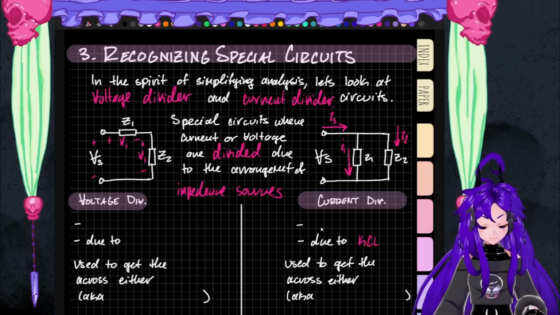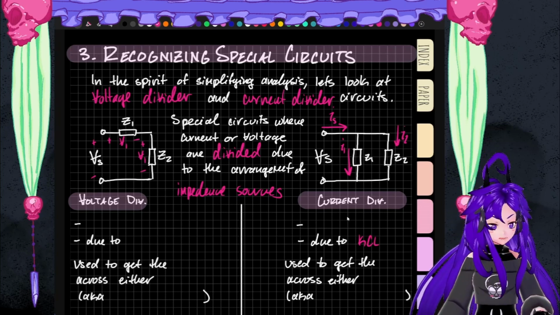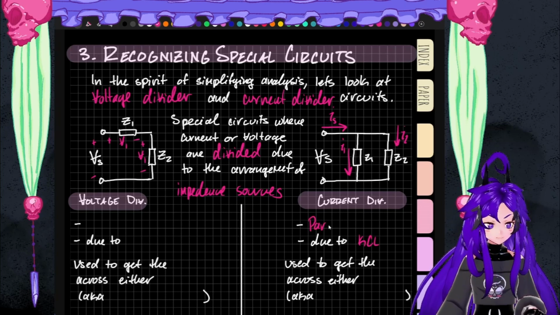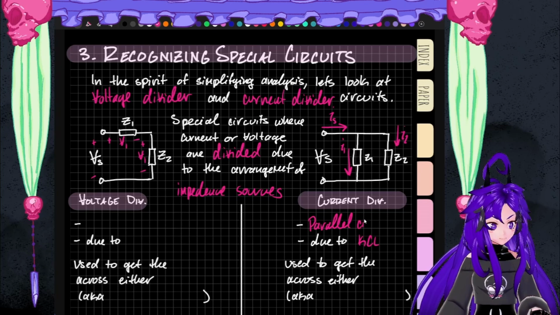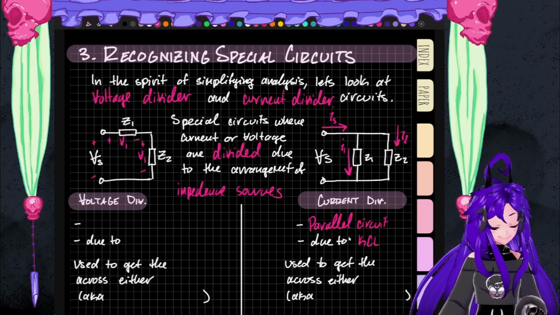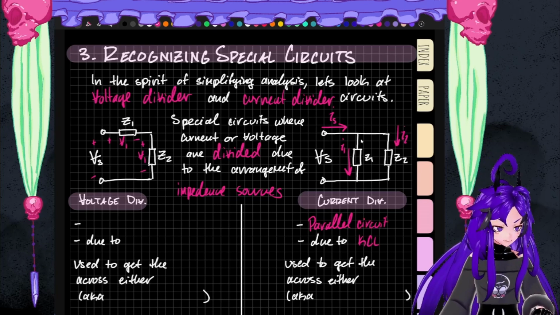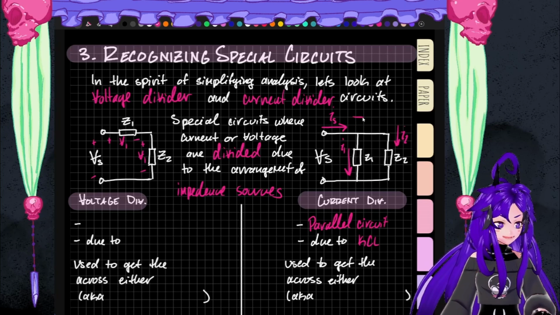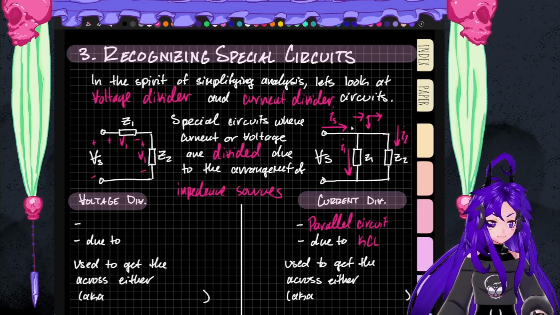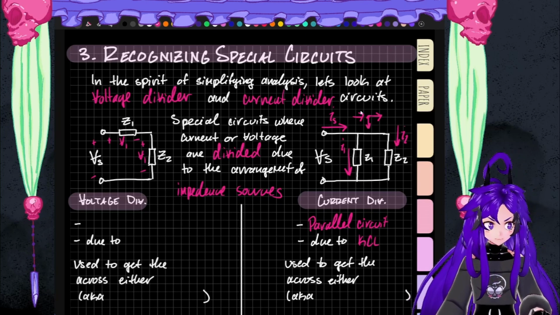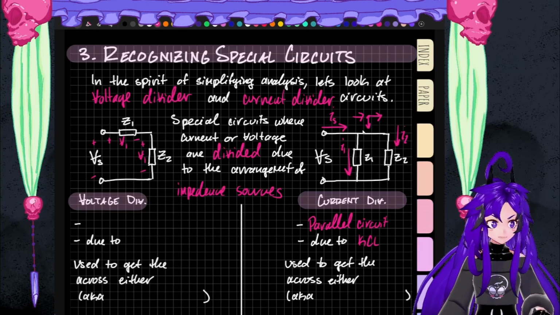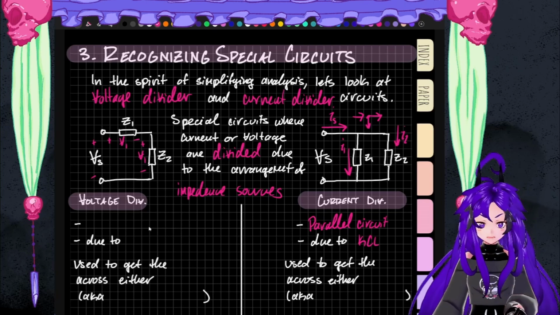So current divider happens in a parallel circuit, and it is due to current law, because this is effectively one current coming into a node, another current, and another current. That's the same T shape we've seen multiple times so far.